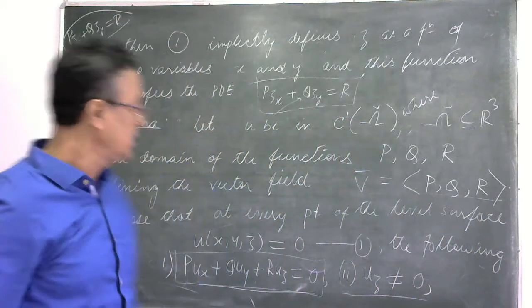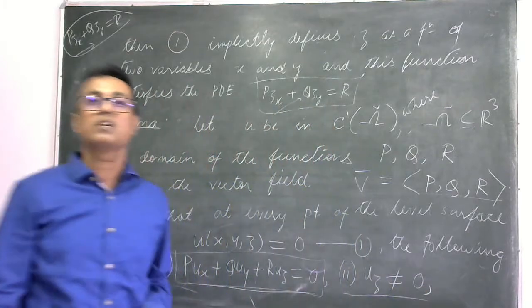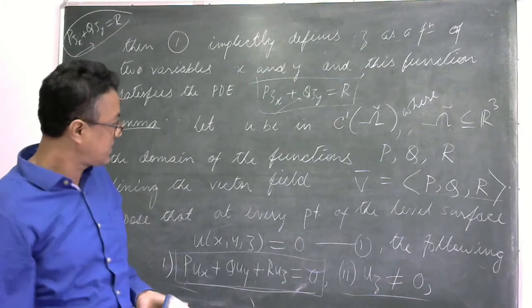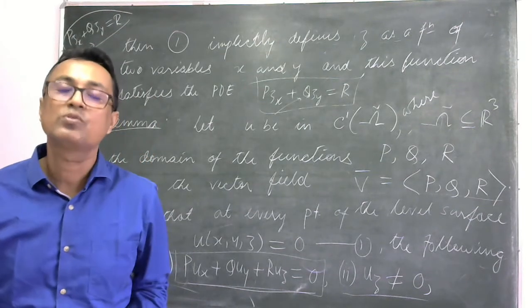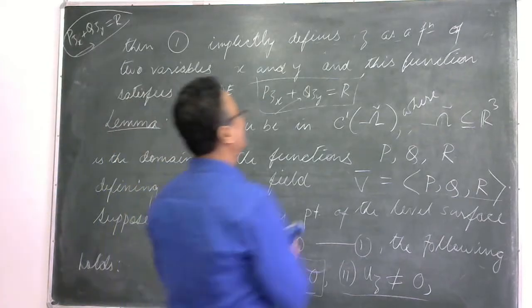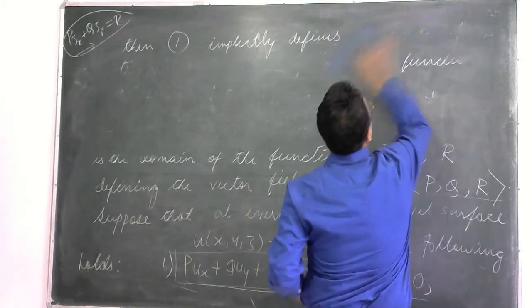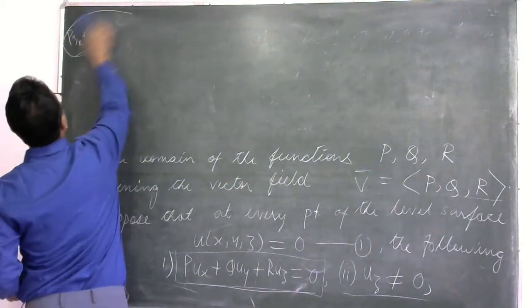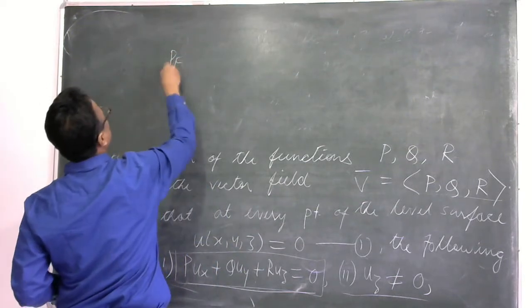Because u_z is not equal to 0, that gives me implicitly z as a function of two variables x and y. That's it. So the proof is pretty straightforward.